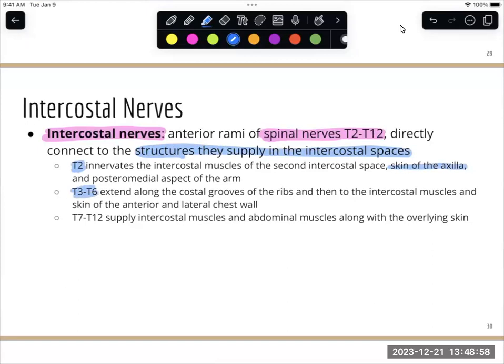T3 to T6 will go to that lateral chest wall, this anterior skin. T7 to T12, those abdominal muscles. T10, just as an estimate of how these nerves wrap around, goes to that umbilicus or belly button.